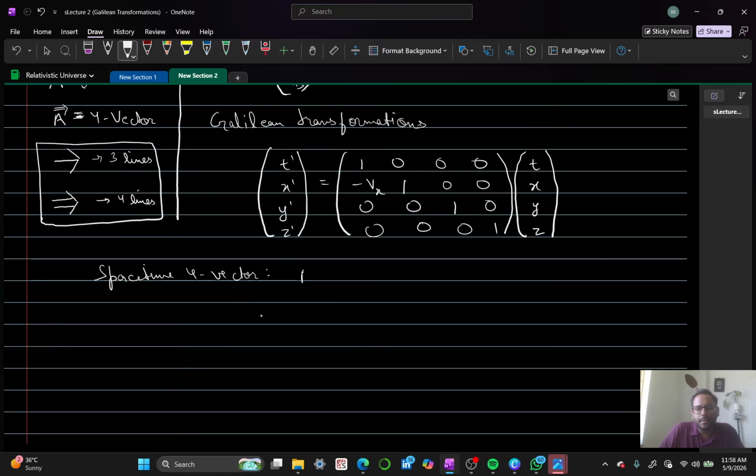Such that this four vector in a matrix representation is given by this. Okay, and suppose I define a G matrix. This is my Galilean transformation matrix.